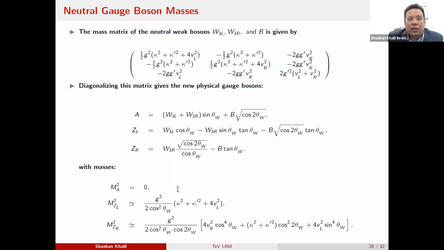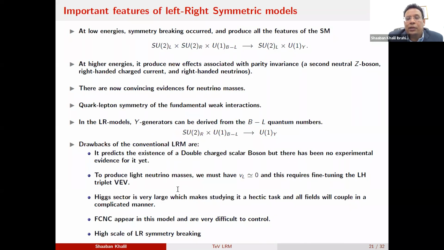Okay, I will skip the details of constructing everything, but let me summarize the conventional left-right model. We construct SU2 left cross SU2 right times U1 B minus L, and this can be broken down via the adjoint to SU2 left cross U1, and then after that you break down to the standard model, U1 electromagnetism.